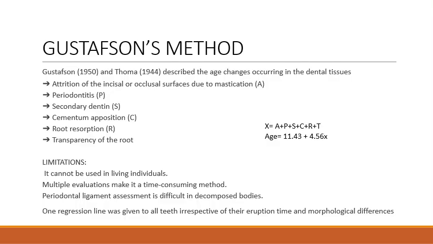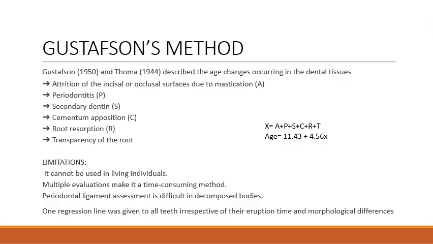Next is Gustafson's method. Gustafson and Thoma described the age changes occurring in the dental tissues, which include attrition of the incisal or occlusal surfaces, periodontitis, secondary dentine, cementum apposition, root resorption, and transparency of the root. Based on these, they arrived at a formula wherein each value is substituted to arrive at an approximate age.